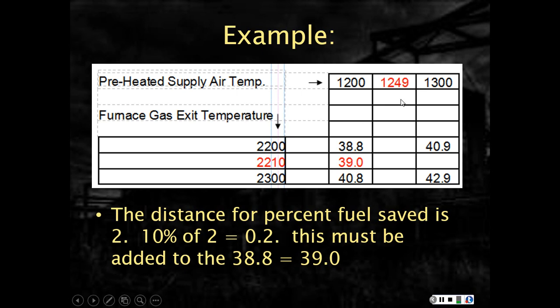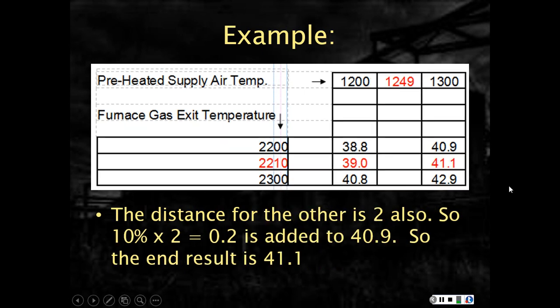What I have to do now is move over to this category and do the same exact thing. Again, my distance from 40.9 to 42.9 is also 2. I've gone 10% from here. So again, 10% of 2 is 0.2. I add that on to the 40.9, so I get 41.1.